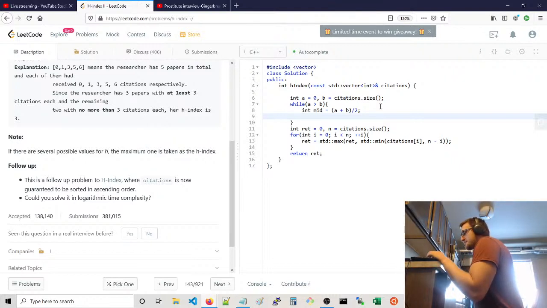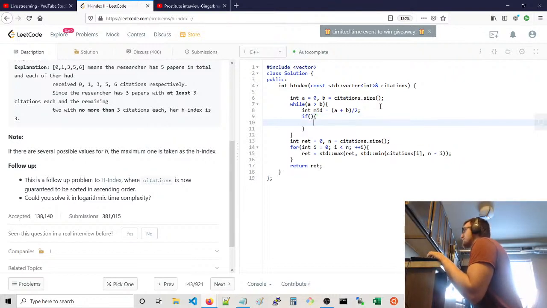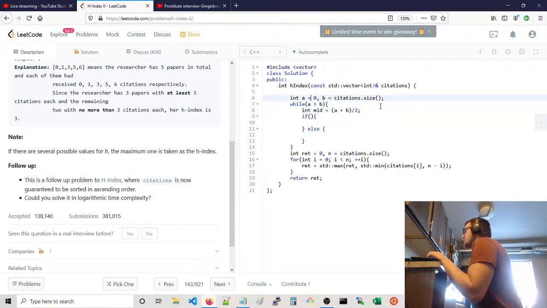And we'll say there's an if and an else, right? ret equals 0 we'll start with. I want to say we're going to operate on the indices themselves. Hopefully that makes some sense. Okay, so we have this mid, A plus B over 2.